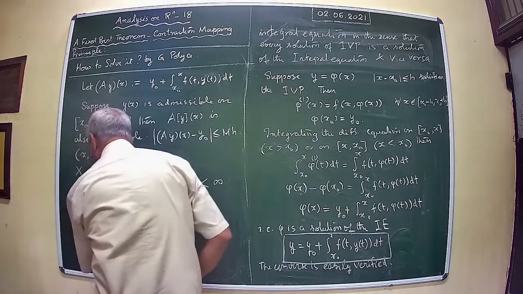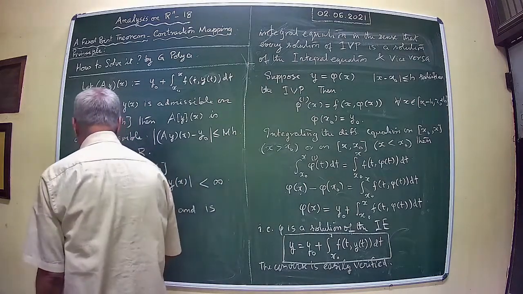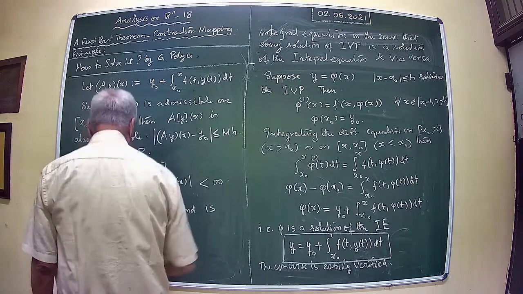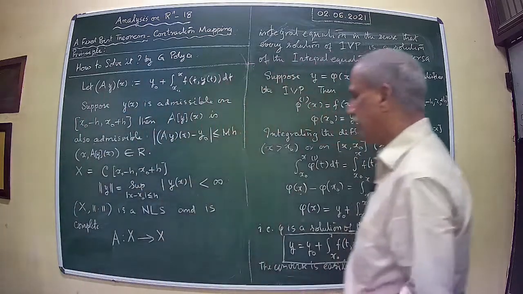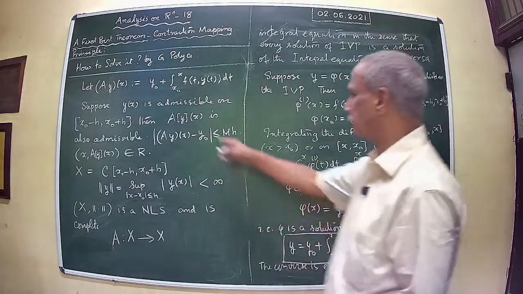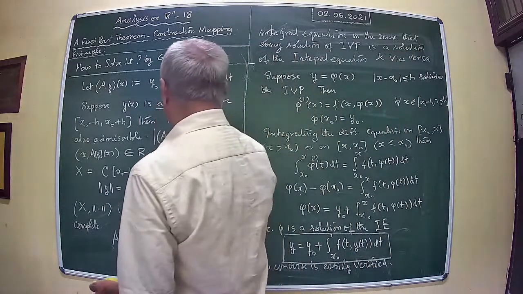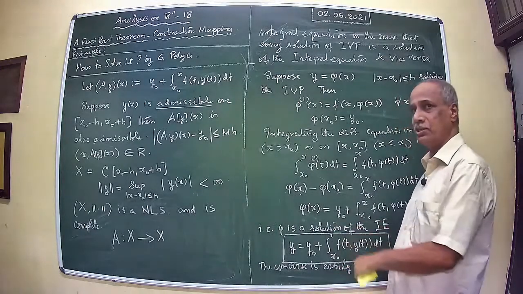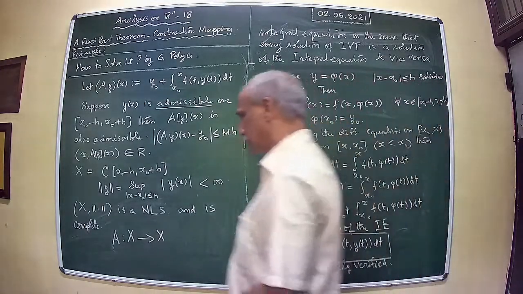Because it is admissible, you see that A is now a map from x to x. That's easy to show because of the admissibility of y.